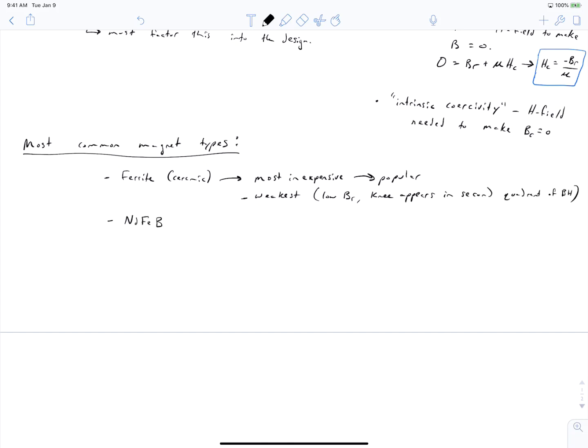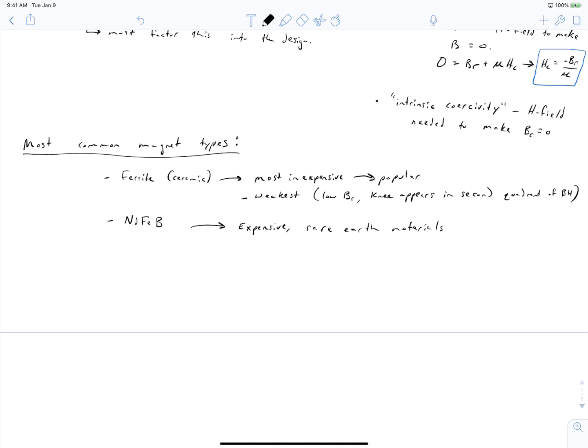For high performance machines, you're talking about either neodymium iron boron magnets or samarium cobalt. And neodymium iron boron magnets are expensive and they're made of rare earth materials. There's a whole host of challenges with this. Rare earth materials are difficult to mine, difficult to process. They have environmentally hazardous impacts if not done properly.